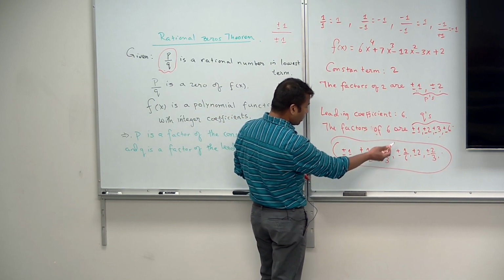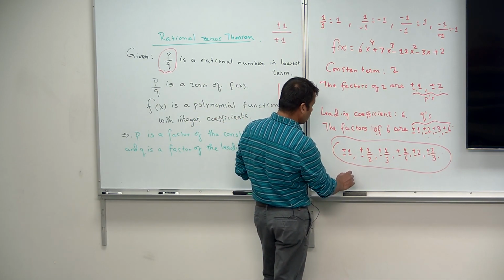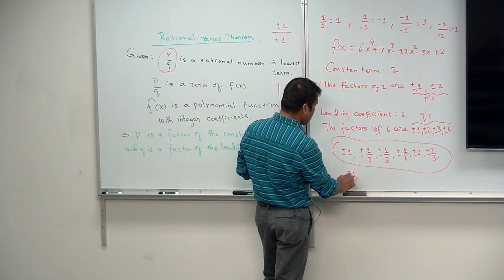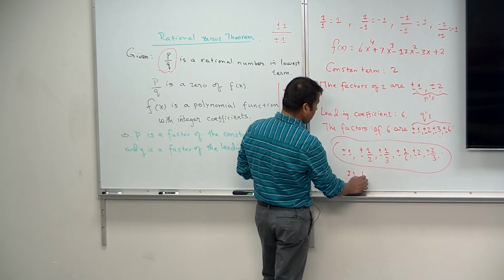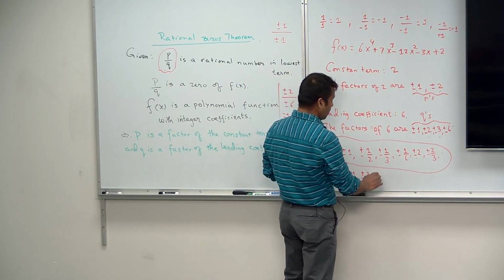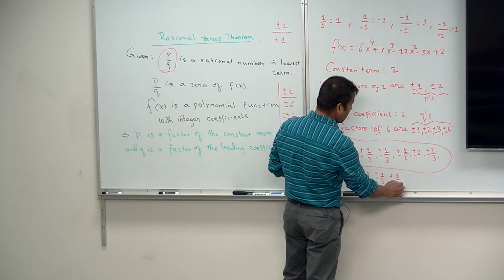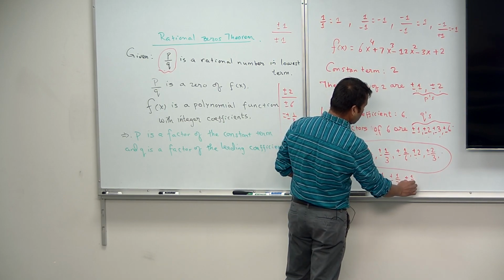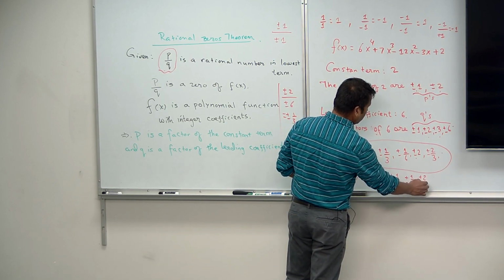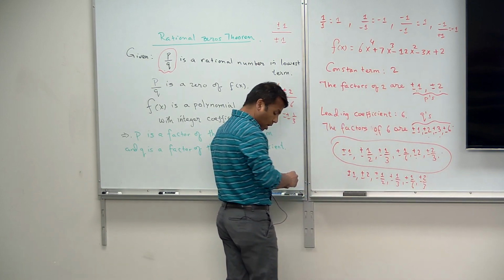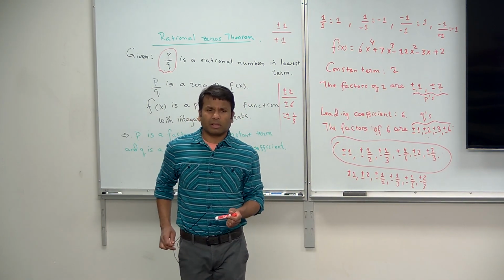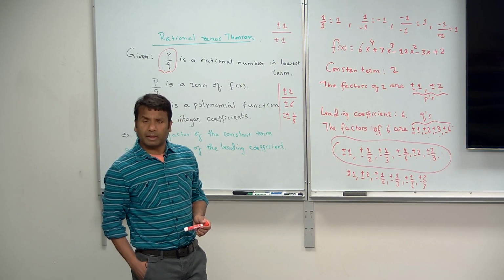You can rewrite them like this: plus or minus 1, plus or minus 2, plus or minus 1 over 2, plus or minus 1 over 3, plus or minus 1 over 6, plus or minus 2 over 3. So you got it, right? Does that make sense, guys? Yes? Yeah.